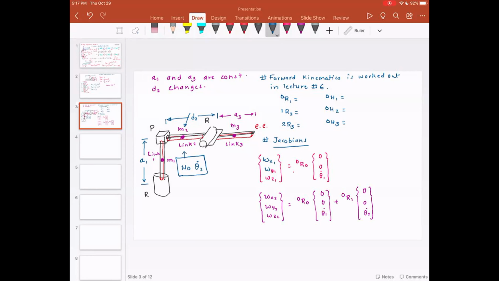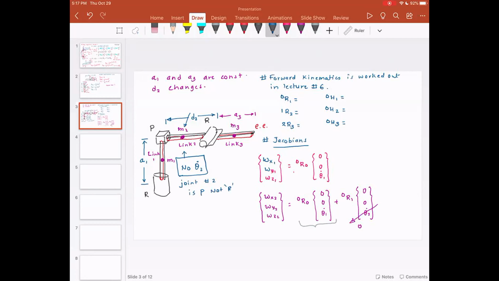Joint number 2 is a prismatic joint, so joint number 2 is P, not R. That's why theta 2 dot is going to be 0. However, the contribution from the angular velocity of the first joint would still remain as part of the Jacobian equation.